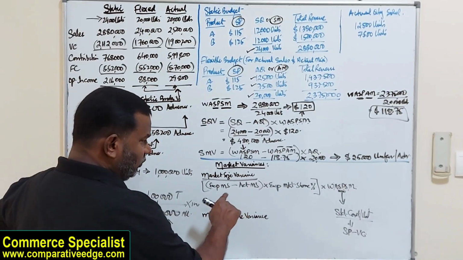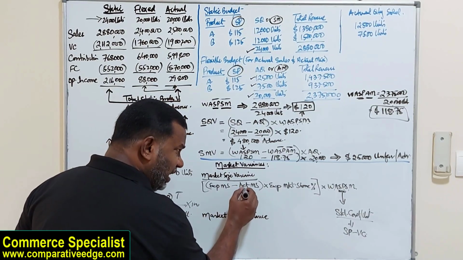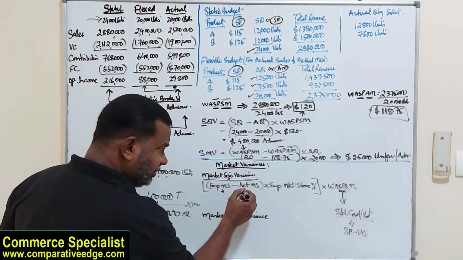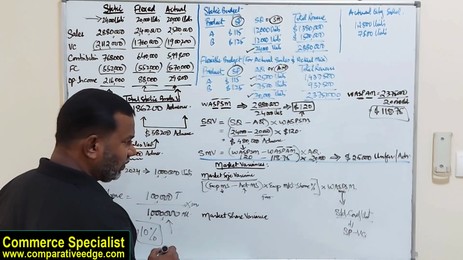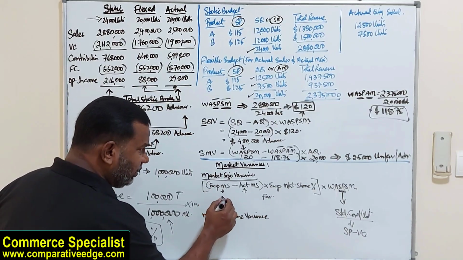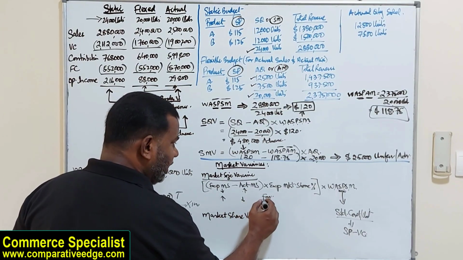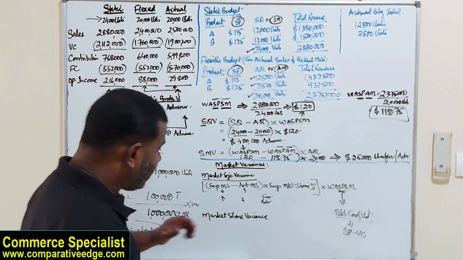And obviously, if your actual market size is higher and expected market size is less, you end up having a favorable variance. If your expected market size is higher but actual market size is less, you will end up having an adverse variance.